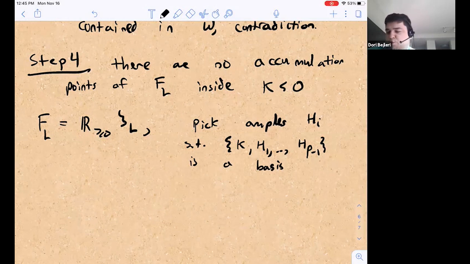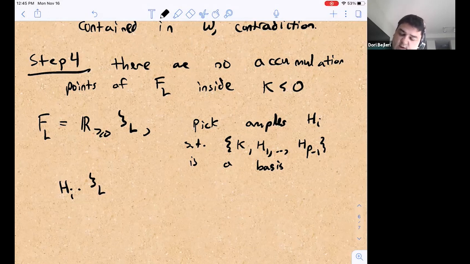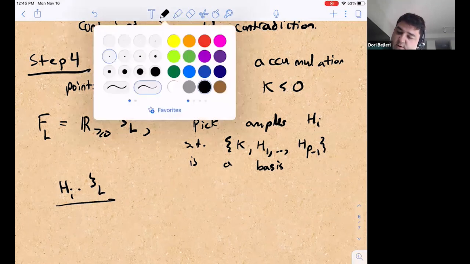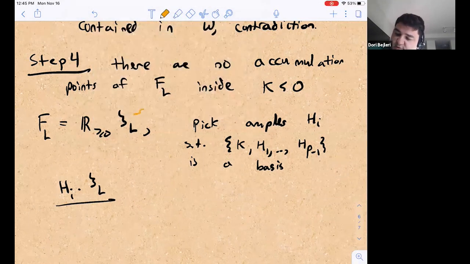And now we wrote down this computation that H_i dot our ray, or dot, let's say, our generator for our ray, and let's say this is an integral generator. That's pretty important. These are rational rays, so they have some integral generators.